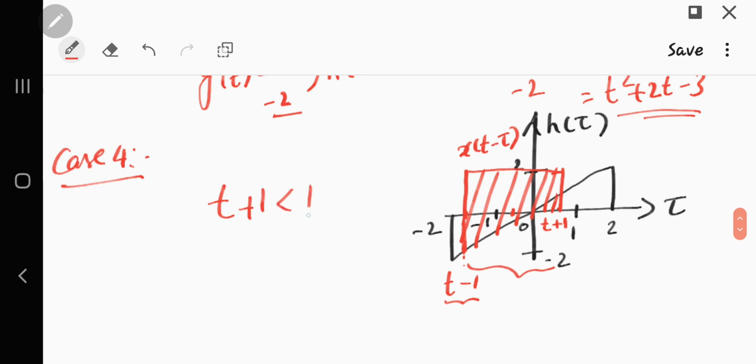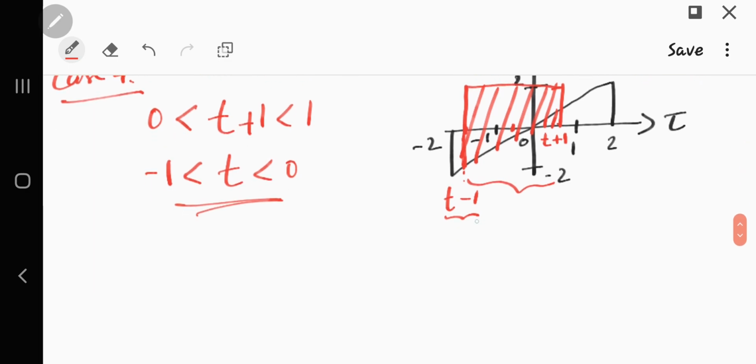T plus 1 is less than 1 and greater than 0. So if you simplify this, you will get 0 here and you will get minus 1. Okay. Or you can check like this. What if I define this in t minus 1? You can try that one. T minus 1 is less than minus 1, because t minus 1 is placed here at minus 1, and it is greater than minus 2.